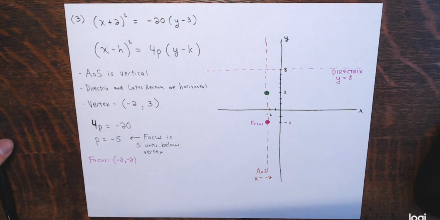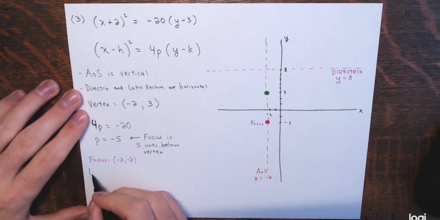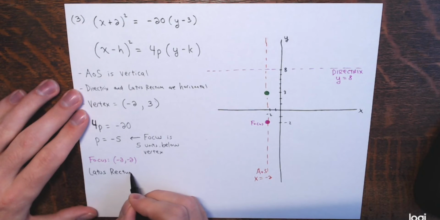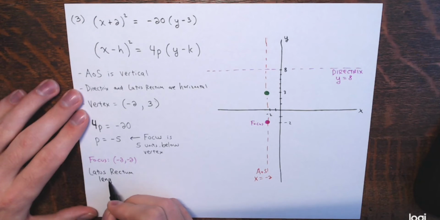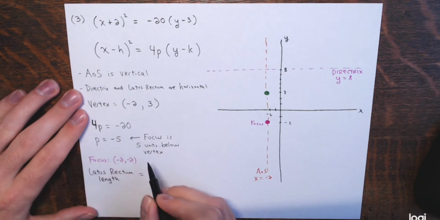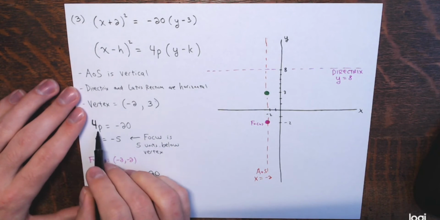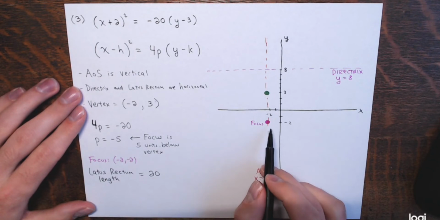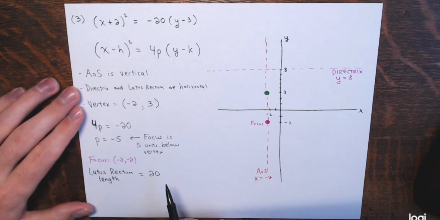All right. Now the latus rectum length, right, the length of that segment, is going to be 20, right, the absolute value of 4p. Take half of this and it's going to be horizontal, go right and left. And it's got to be parallel to the directrix.